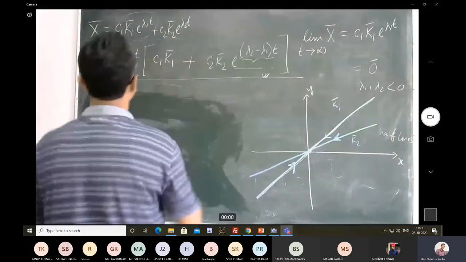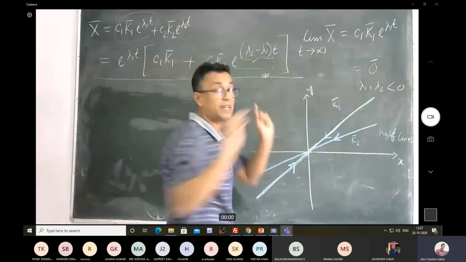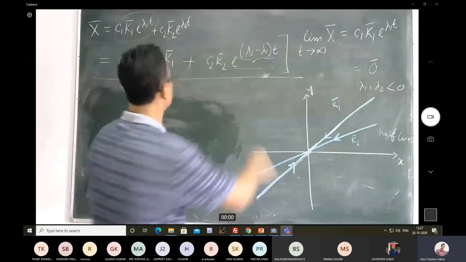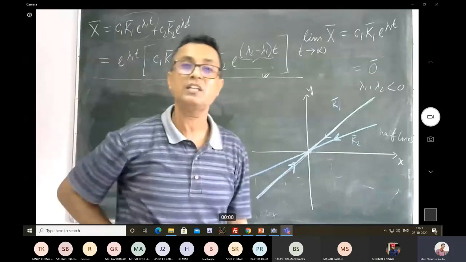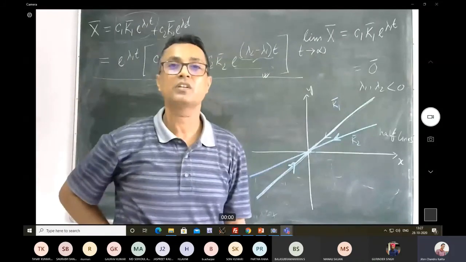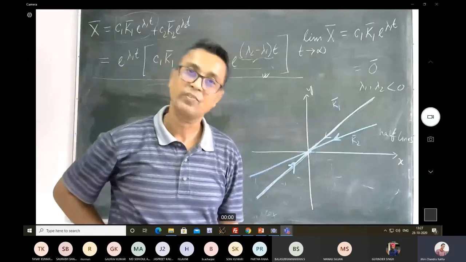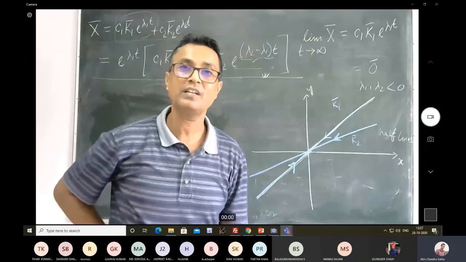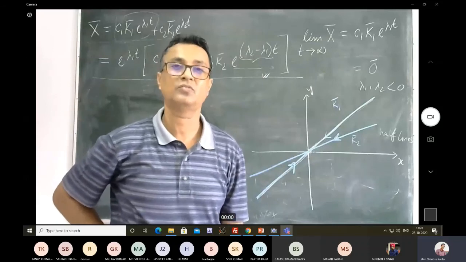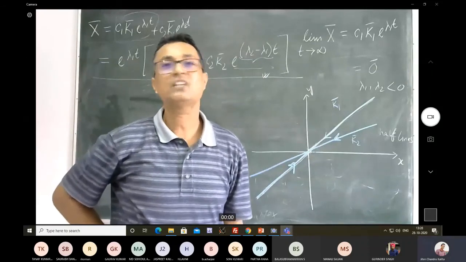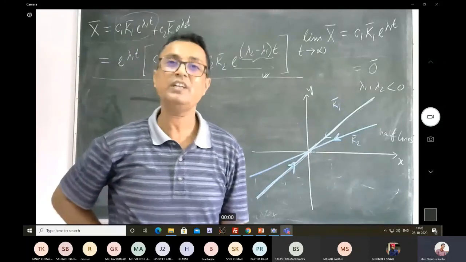If you look at this, when both lambda 1 and lambda 2 are negative, if you look at the overall solution here, then you can see that as t tends to infinity, it always approaches the dominant vector K1. Is it okay with everybody? Right? And you know that a linear combination is going to give me some curve. Isn't it? They are not going to be straight lines now. Is it okay?